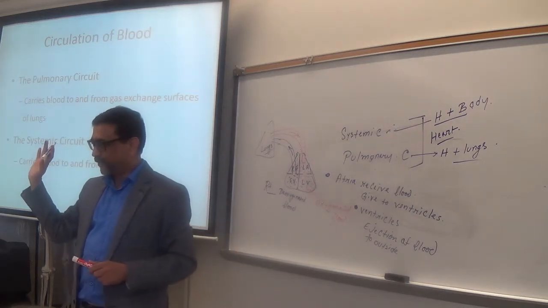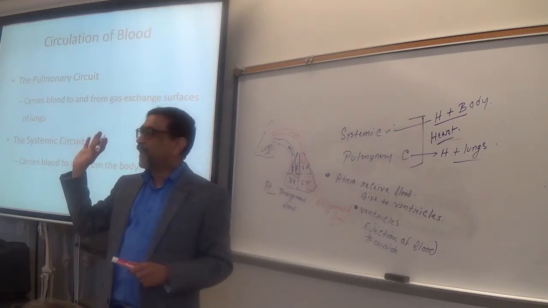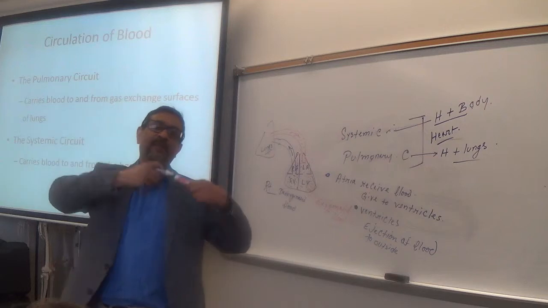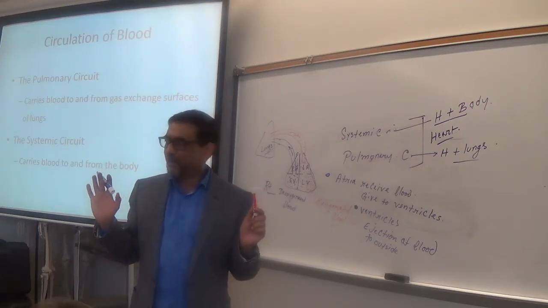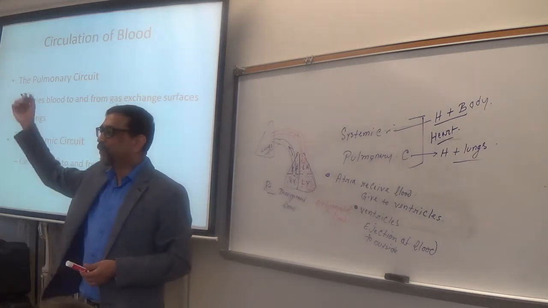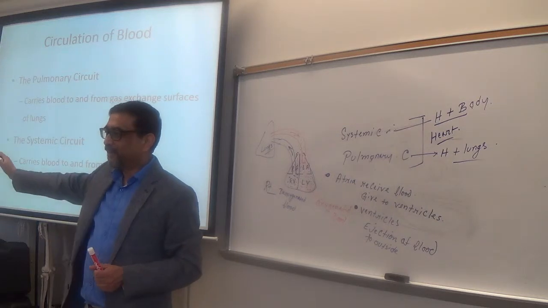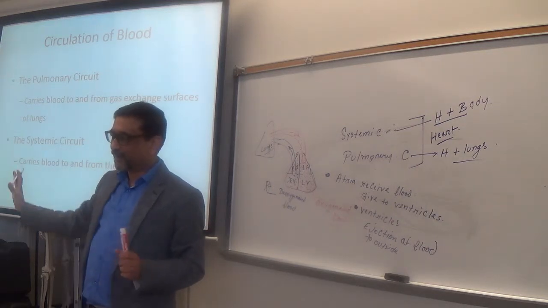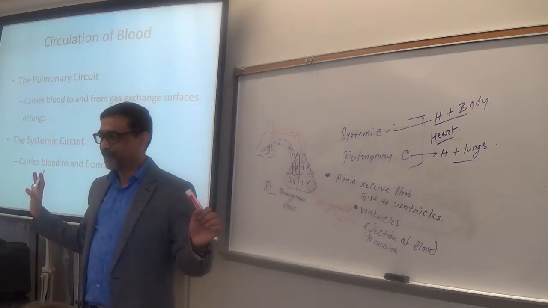This is important to know too: it doesn't matter what kind of blood. And veins bring the blood into or towards the heart. Is it clear? Veins bring the blood towards the heart. Arteries take the blood what? Away from the heart. Is it clear? So just opposite. If you know one, you know the other.